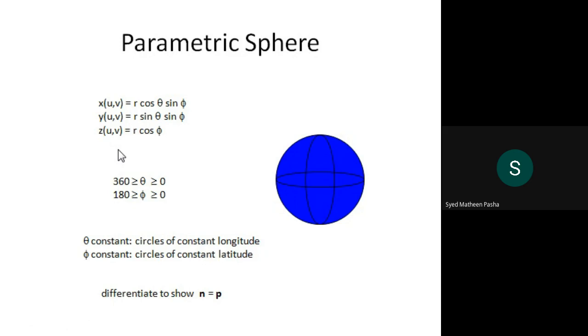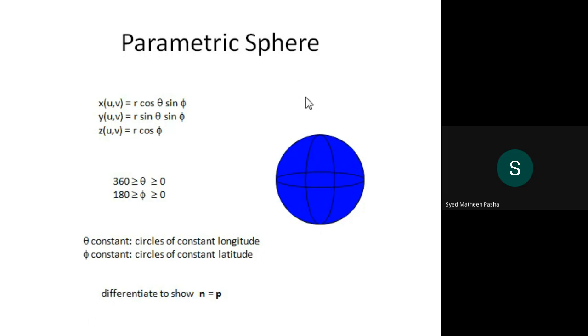Then check the condition on theta as well as phi for lying on the sphere. If theta is greater than or equal to 360 degrees, then only you will get the x as well as y coordinates using theta. If you want to use phi in your function, it should be greater than or equal to 180 degrees. At this time only, you can say a parametric sphere has been generated.